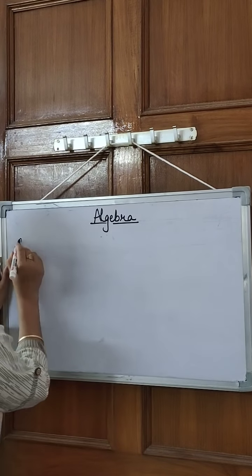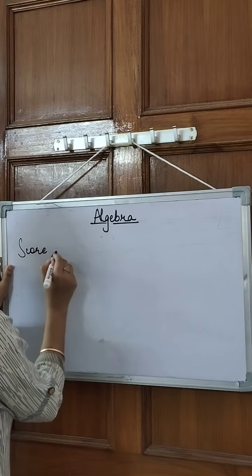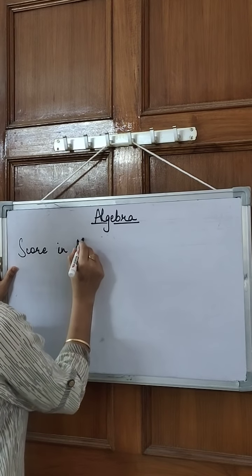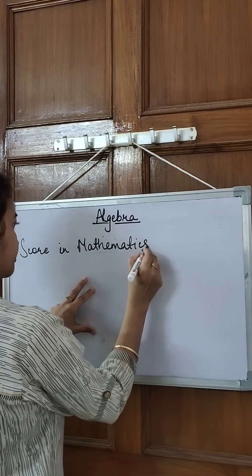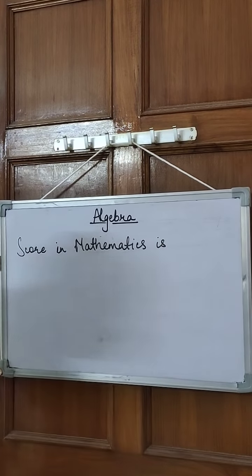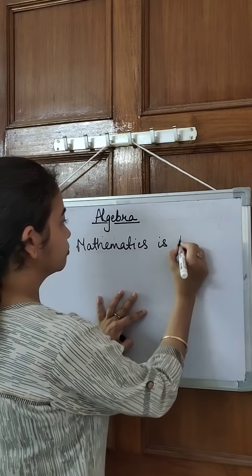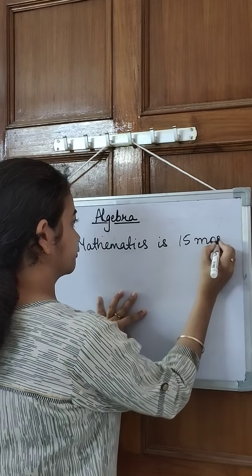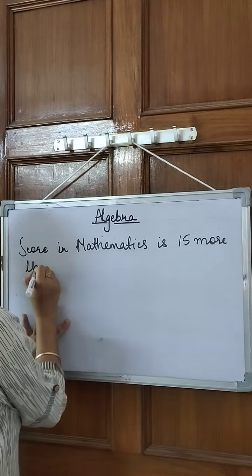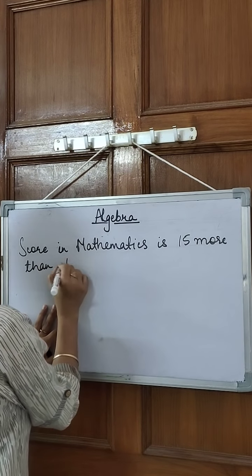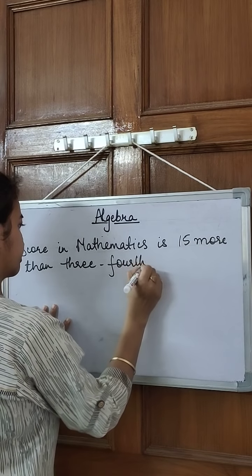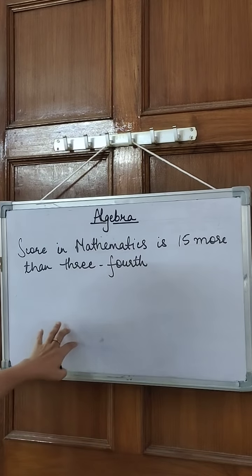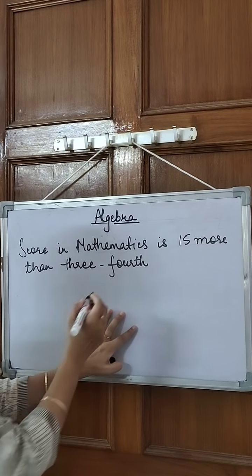So score in mathematics is 15 more than 3/4 of score in science.